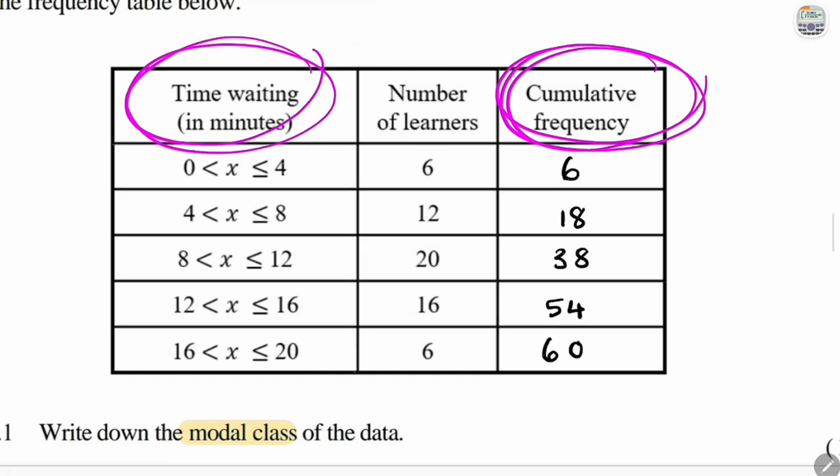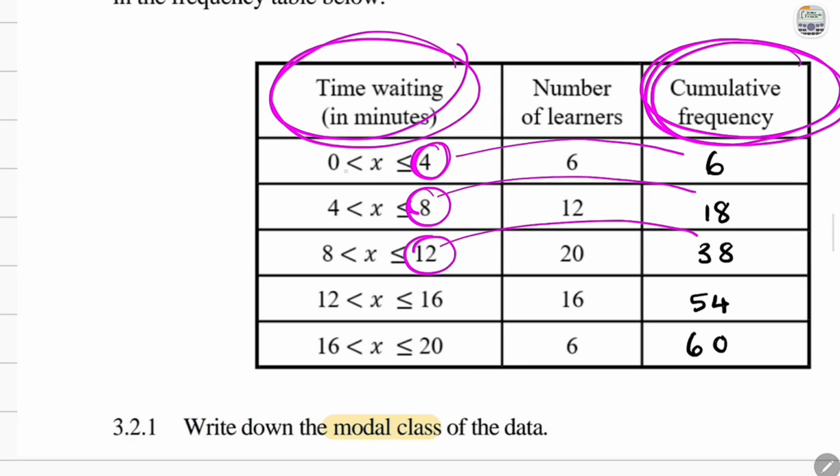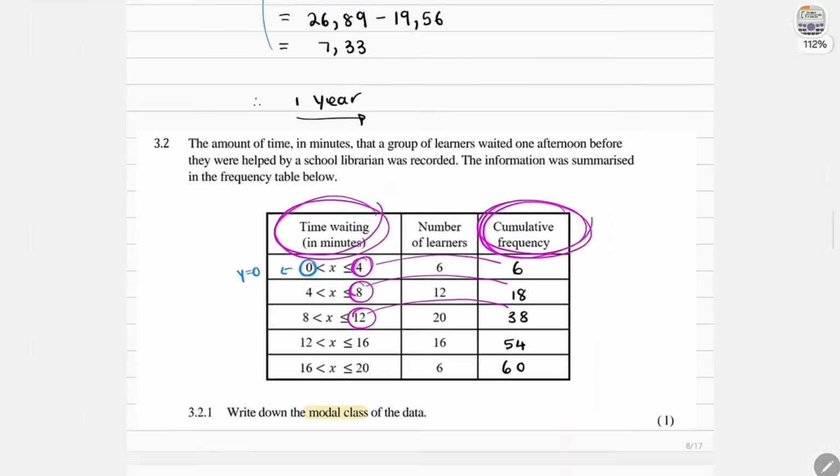All of these numbers are going to be paired with a cumulative frequency value, like 4 with 6, and 8 with 18, and 12 with 38, and so on. This means that this x value of 0 is always going to go with a y value of 0. Just keep that in mind.